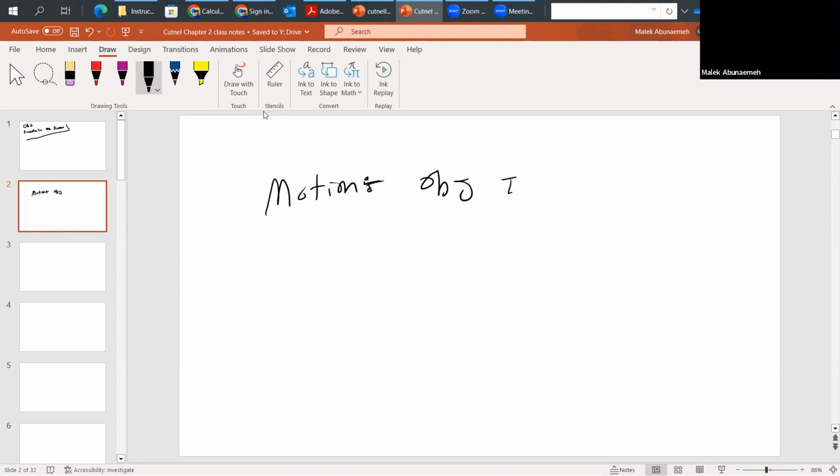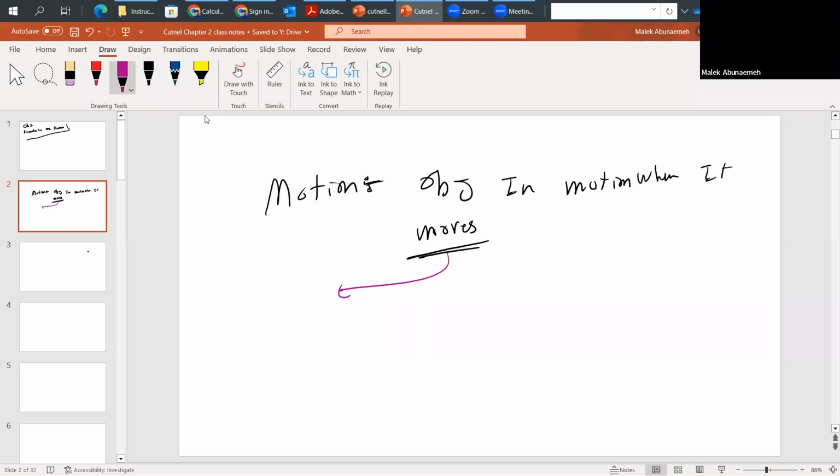An object is in motion when it moves. So what does that mean? When you talk about the word move, that means when the object changes its position.